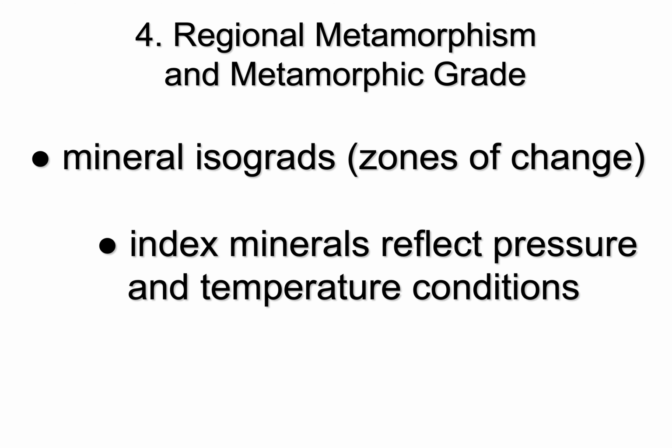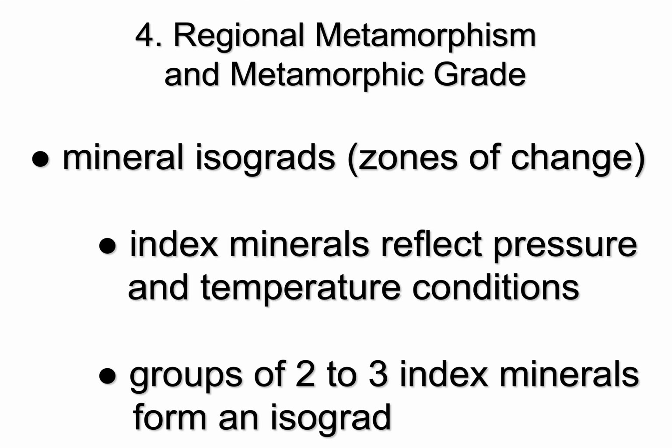Index minerals, for example staurolite, are formed in a certain pressure and temperature window, or under certain pressure and temperature conditions. Groups of 2 or 3 index minerals then form an isograd.